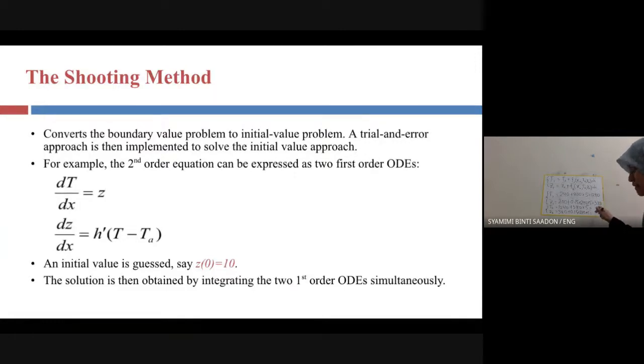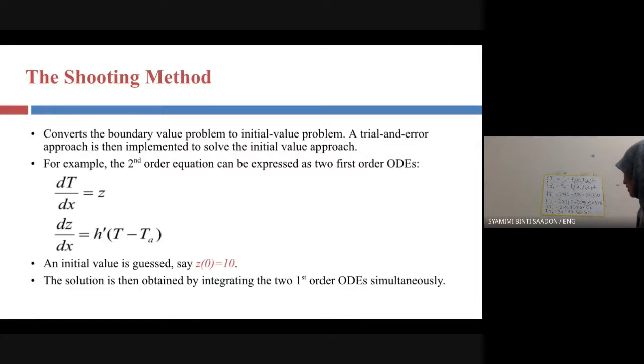Once you have T2 and Z2, you compare the value of T2 with the boundary condition given in the question, T at 10 meters, which is 150.